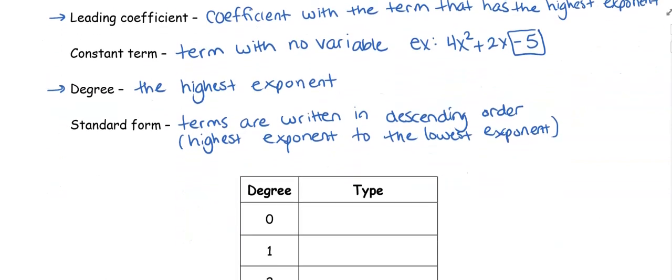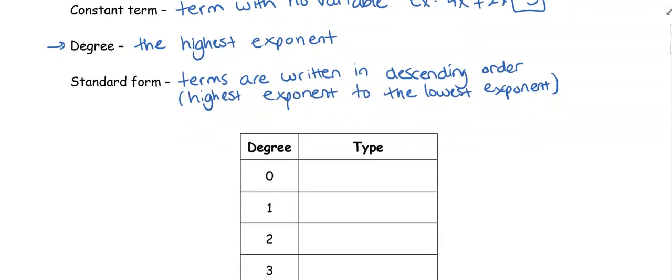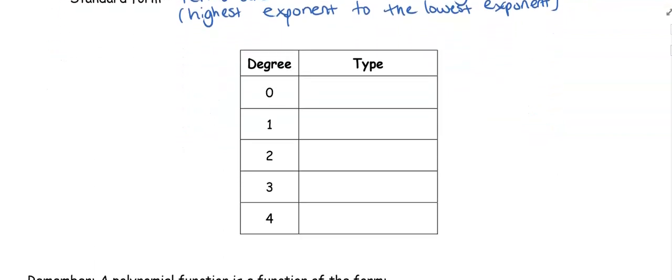All right, so when we have our equation and we have identified the degree, if my degree, my highest exponent, is 0, then we have a constant. If the highest degree or the highest exponent is 1, that means that we have a linear equation. That's what Algebra 1 was focused on. If we have a second degree polynomial, then we have a quadratic.